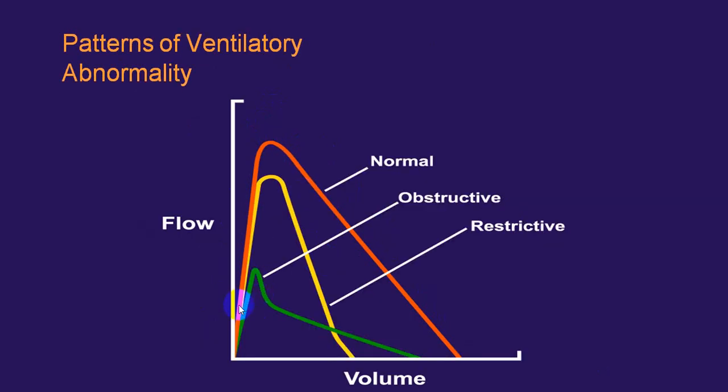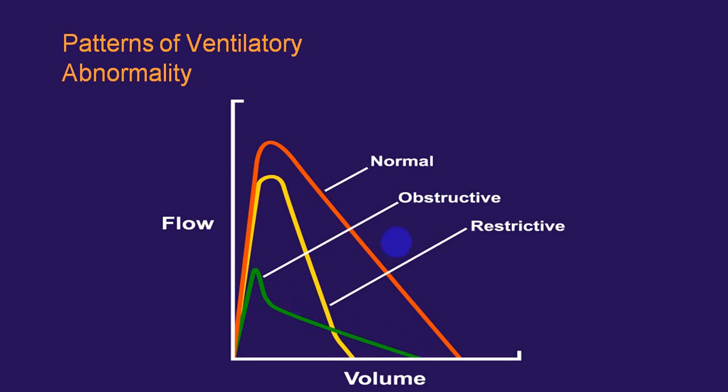Suppose you get a nice curve upward and a nice straight line going down, and this is good. So this is FVC, and this is a volume curve. So this is normal. And when you get this upflow, flow is restricted, and the volume is less but not markedly reduced.